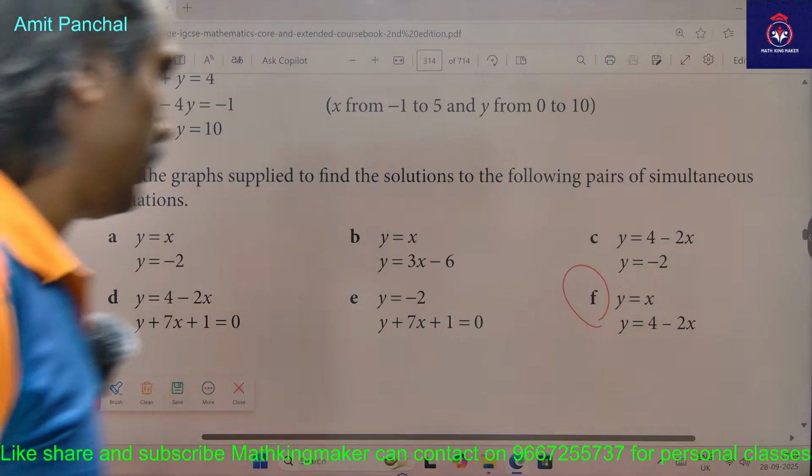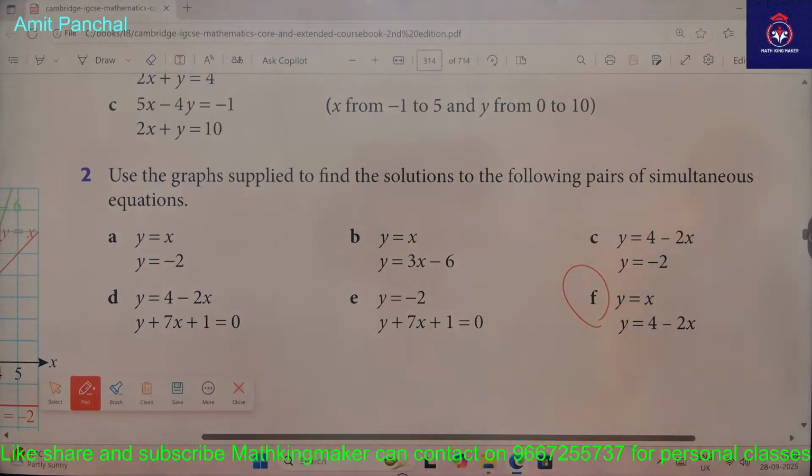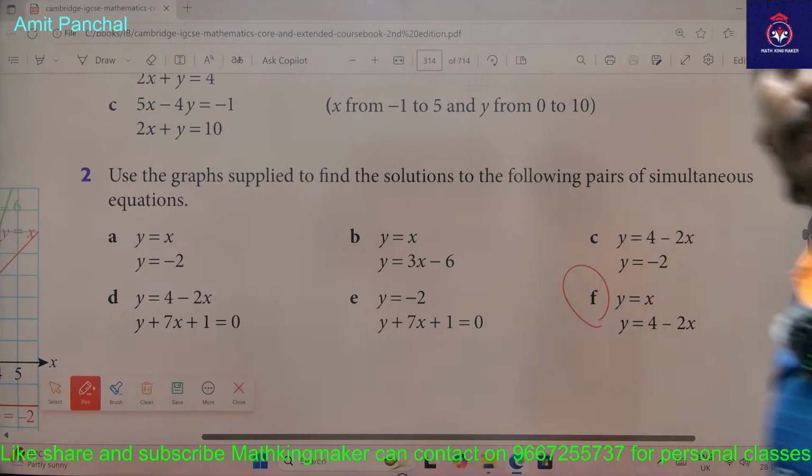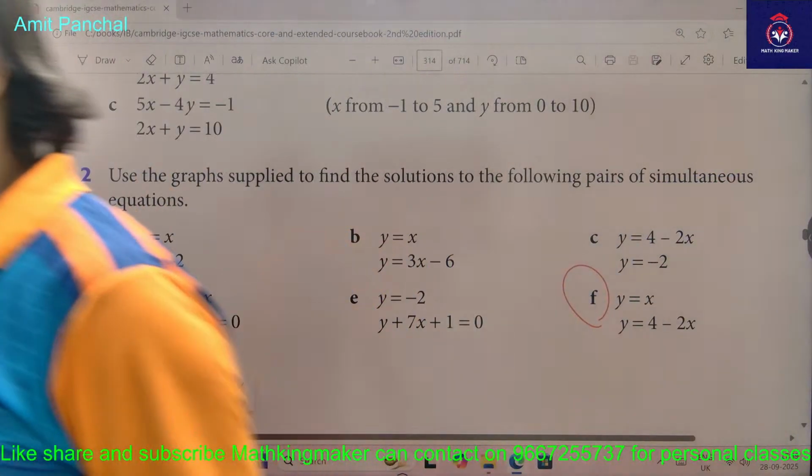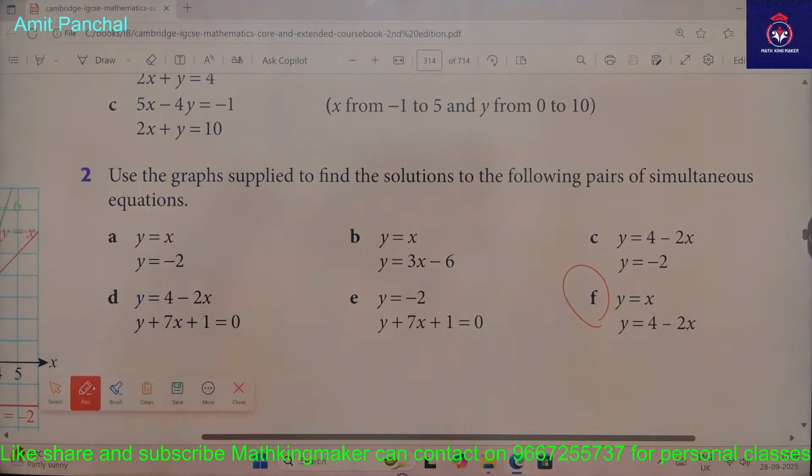First you need to draw the table for the first one and then for the second one. I don't think we need to draw a table for the first one. It is a very clear graph. That means for x equal to 1, y will be 1, for x equal to 2, y will be 2.